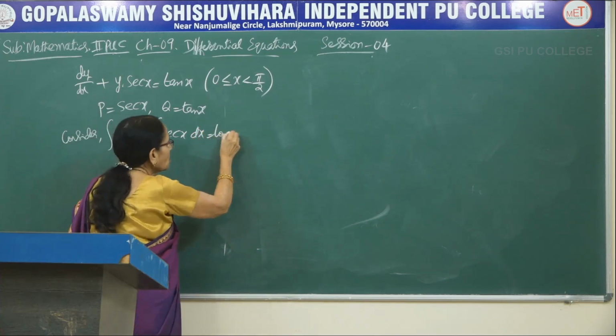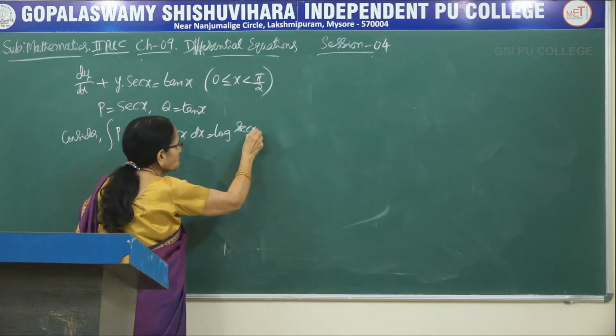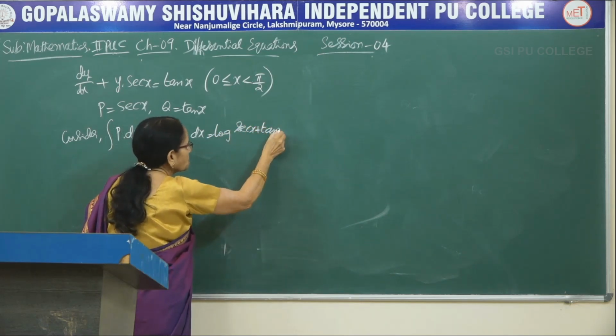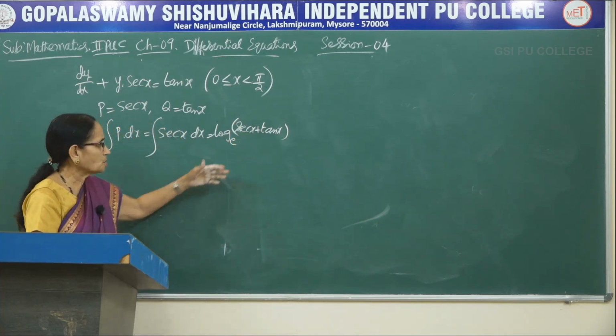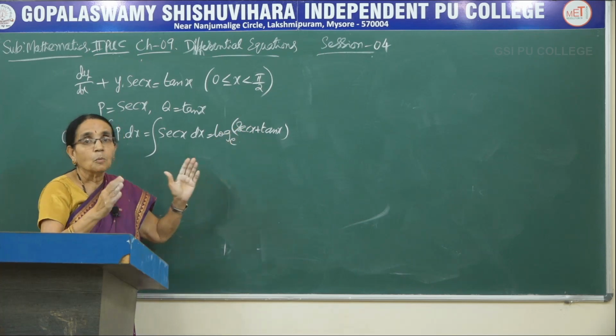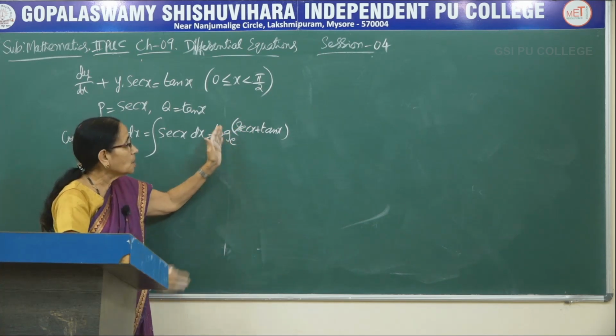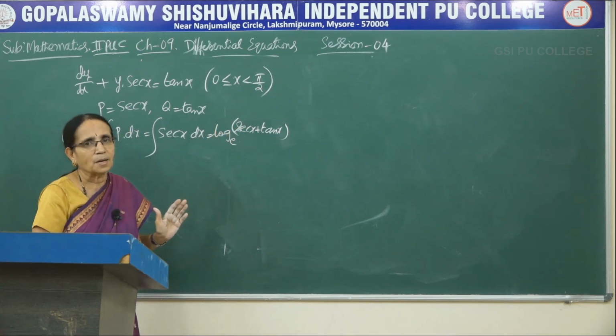It is log of secant x plus tan x. Of course, in the book they have given it with the modulus sign, that is log of modulus of secant x plus tan x.